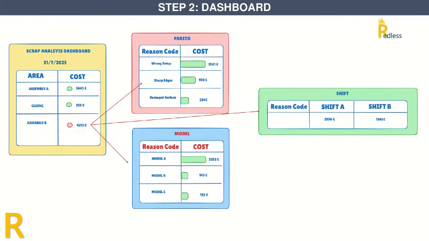A factory that makes fridges has a totally different structure than a factory that makes paper, and a factory that makes paper has a totally different scrap structure than a factory that makes chemicals. So we really need to have flexibility, and that's why I always suggest Power BI, because you can build dashboards that give you insights, and you can go as detailed as possible.